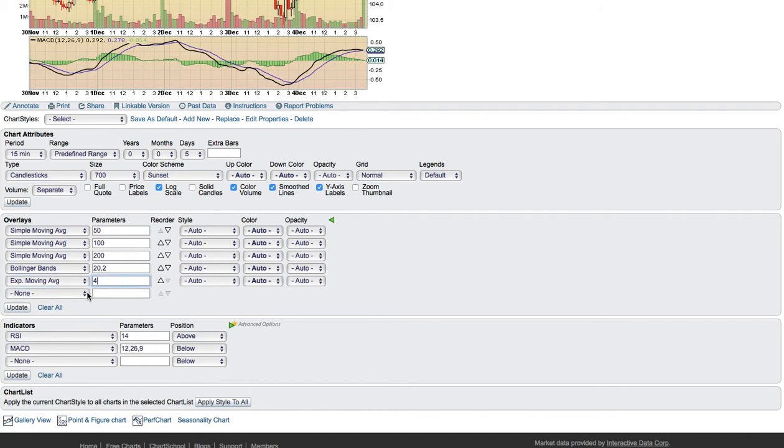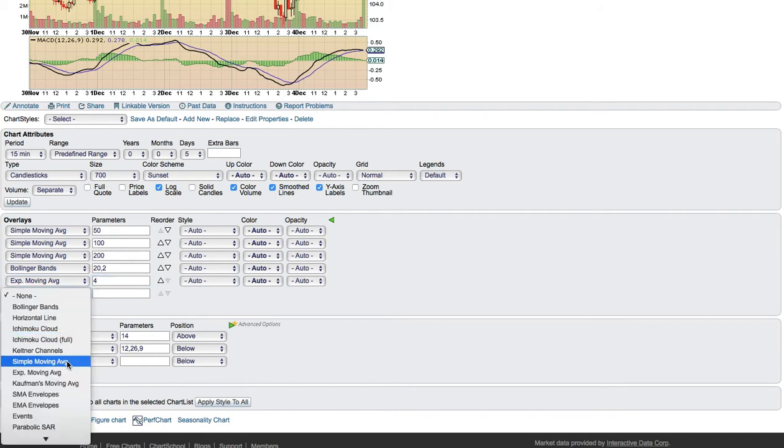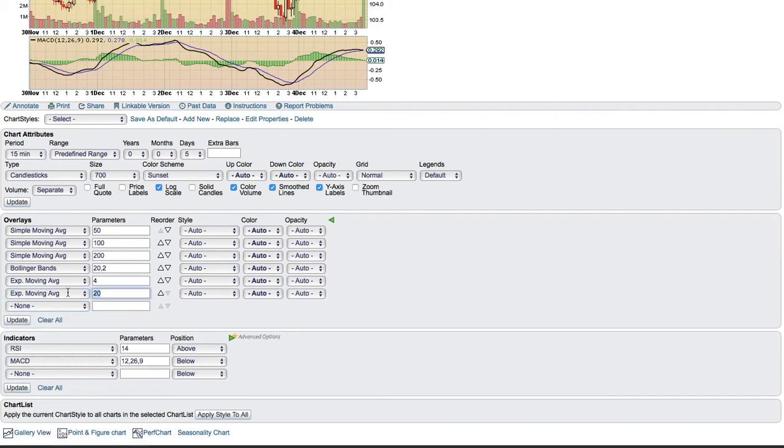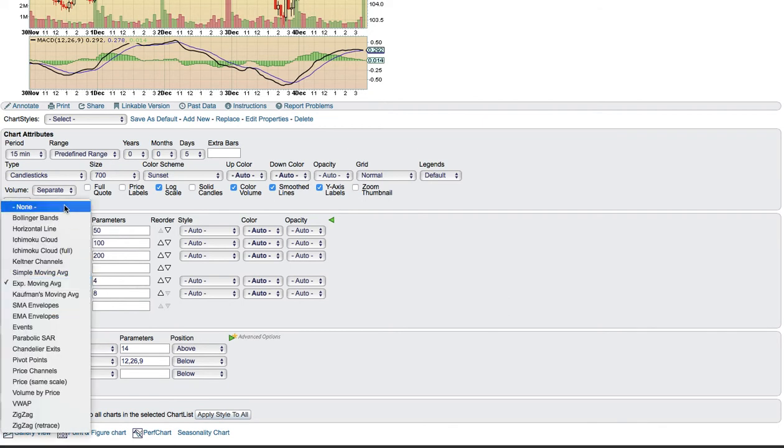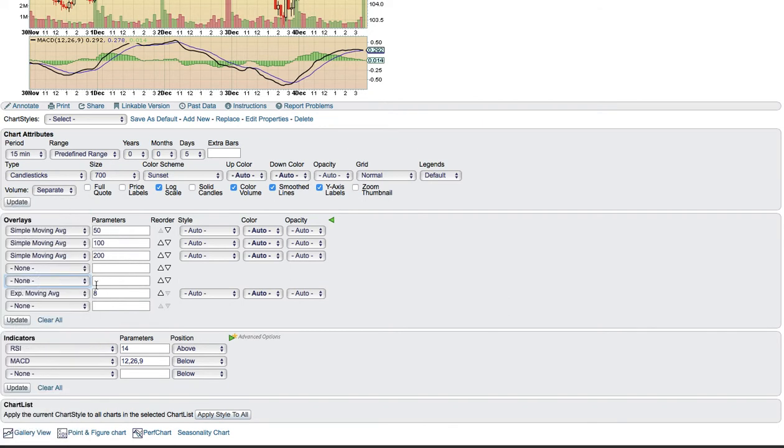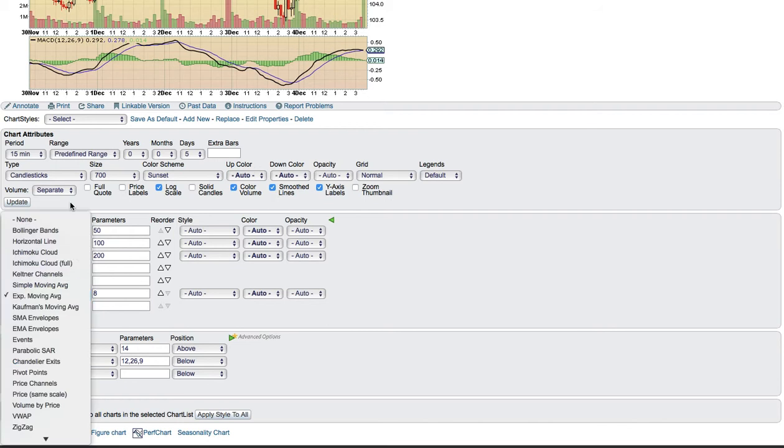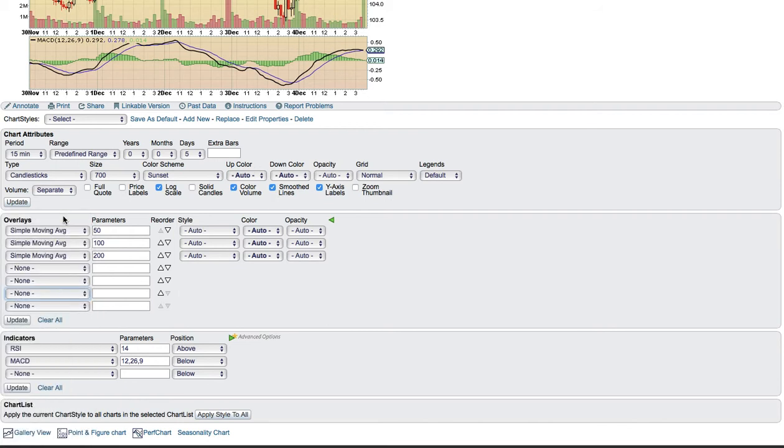I keep it simple so that people can do this on their own, to not discriminate against people that don't have subscriptions. But if you do have a subscription, you can put more overlays, and below you can add more indicators as well.